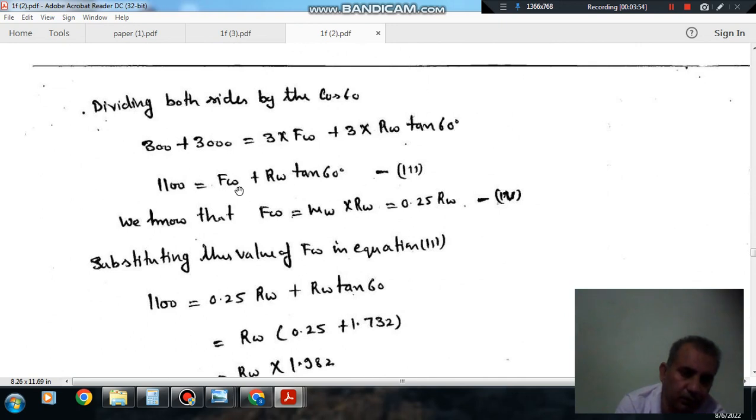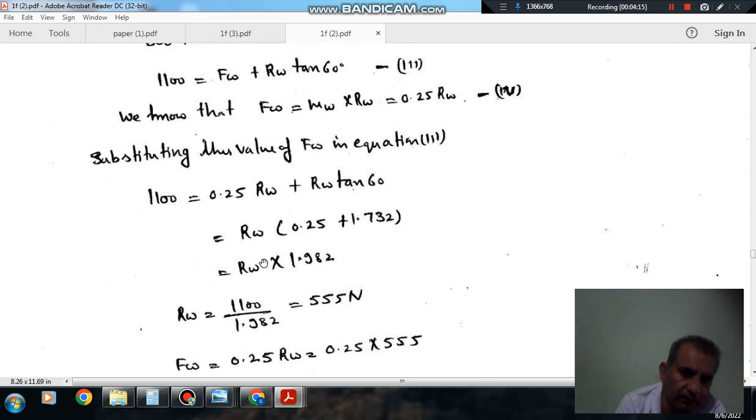Now we can put the value of FW in terms of RW, because this is the force of friction, and force of friction is given as coefficient of friction into normal reaction, and the normal reaction is RW, so it will be 0.25 RW. So if we put FW equal to 0.25 RW here, we can get the value of RW.